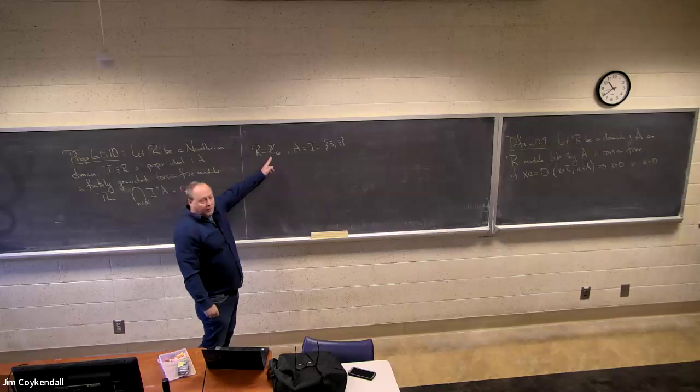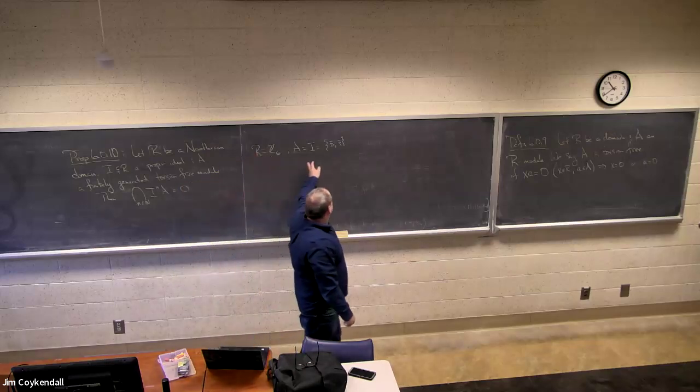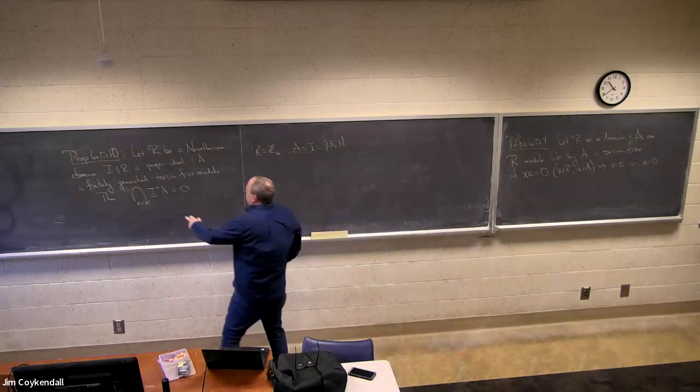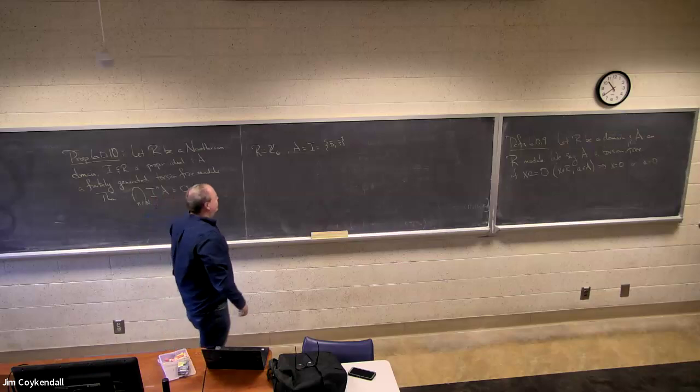So here, I think we can all agree this is Noetherian, but it's certainly not a domain. And here you have the ideal just consisting of 0, 3. Notice that, of course, I^n A is now abbreviated as just I^n, because A and I are the same thing.